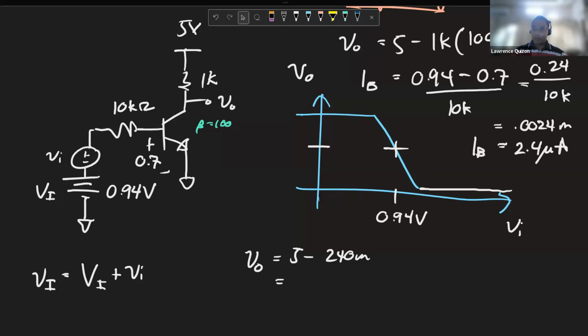I'm getting 4.976, ang output natin here, actually. So then this would be our quiescent point for this case.